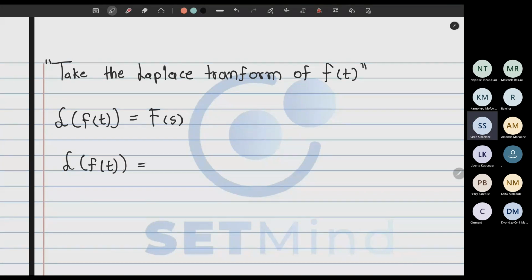And the integral is given by: we integrate from 0 to infinity, we have e to the negative st, and then we have f of t dt.